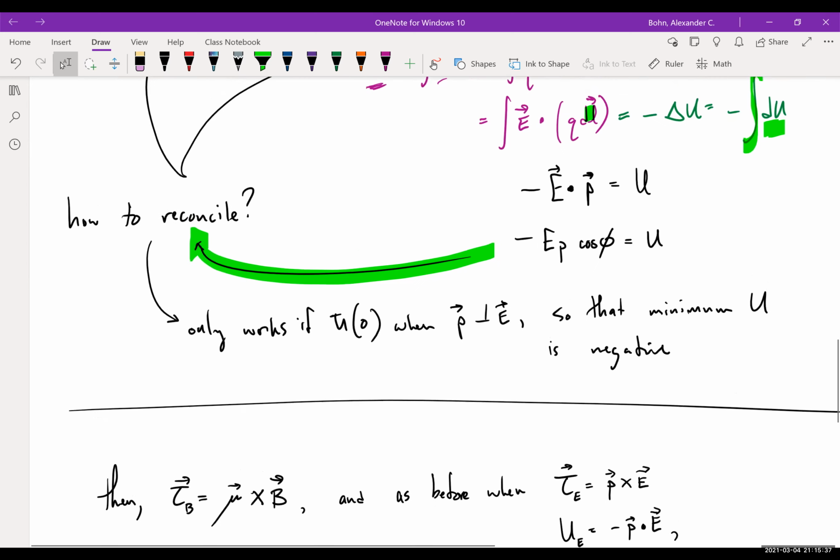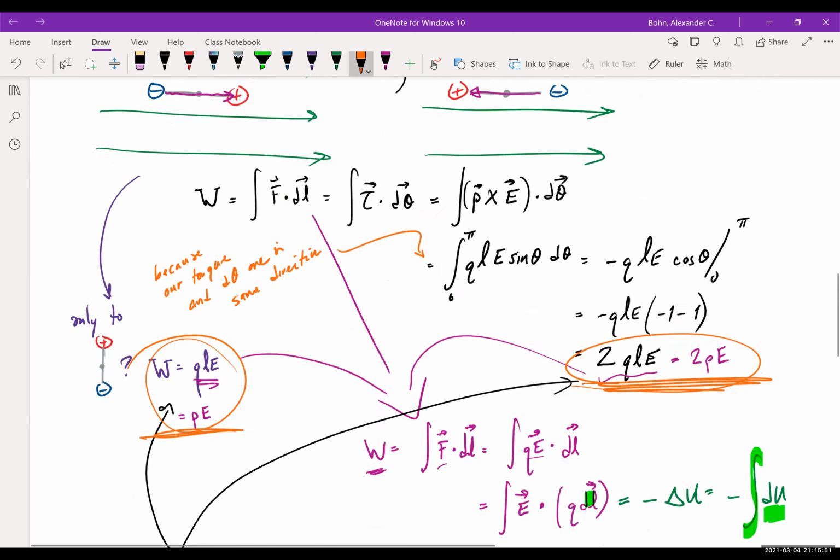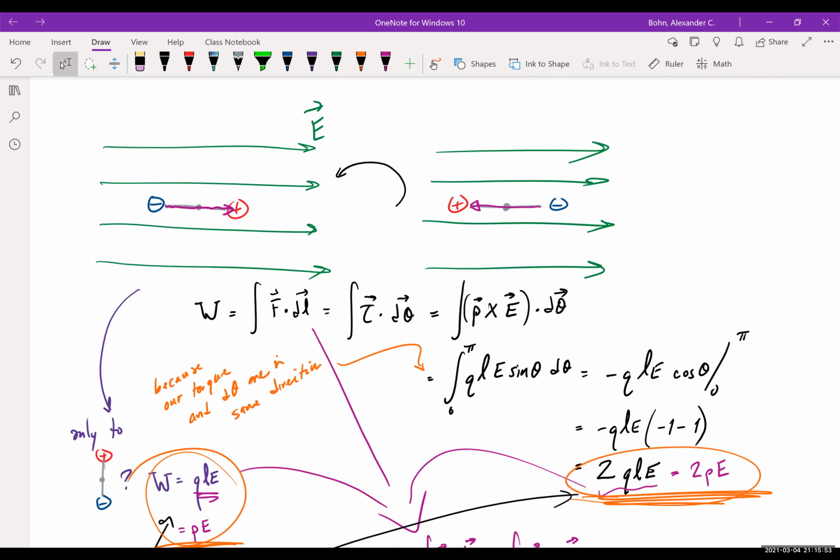Then the minimum potential energy is negative. That's fine. It's less than 0. So in this orientation, the dot product would be negative, and that's fine.